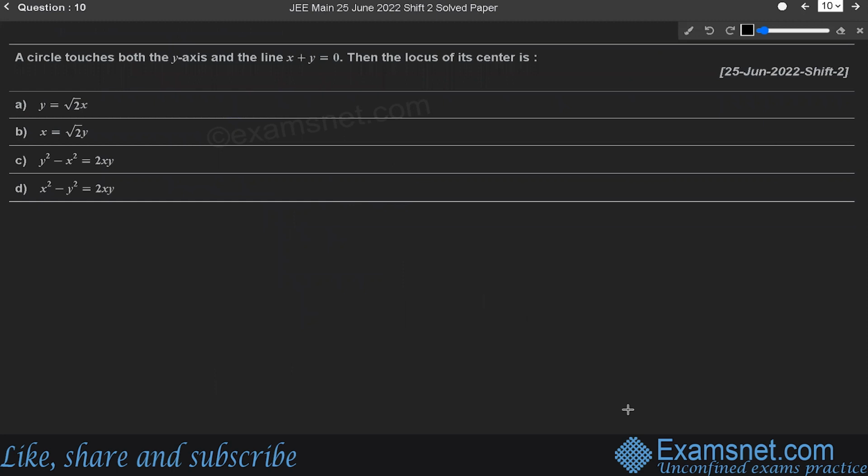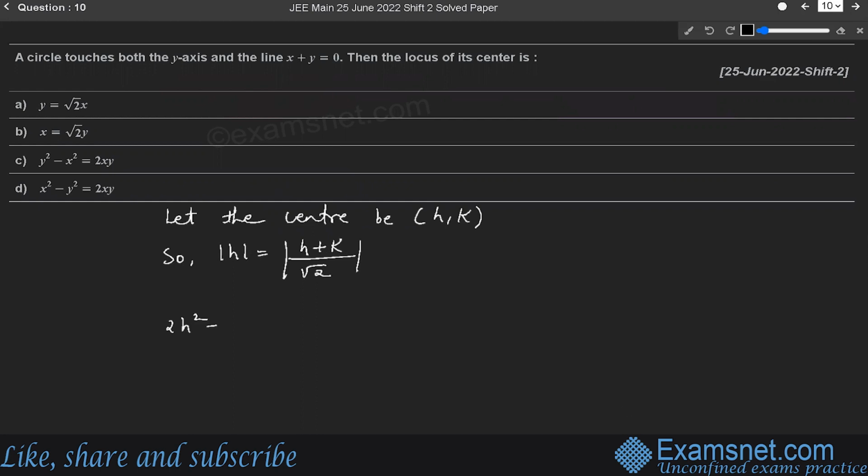Next question is a circle touches both the y-axis and the line x plus y is equal to 0. Then the locus of its center is. Let the center be (h, k). So mod of h will be equal to mod of (h plus k) divided by under root of 2.